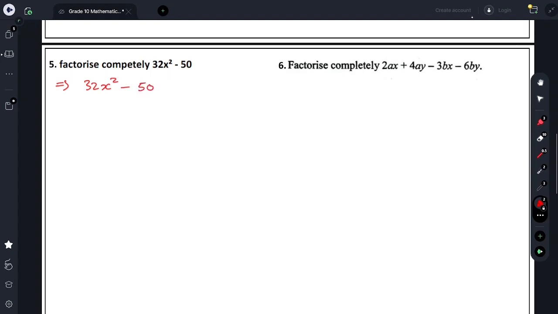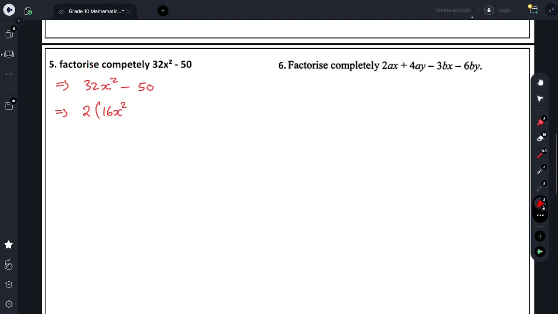First of all, we look at a number which can go into 32 and 50 without giving a remainder, which is 2. So we will factor out 2 here. Here we remain with 16, because 2 times 16 is 32, so 16x to power 2.